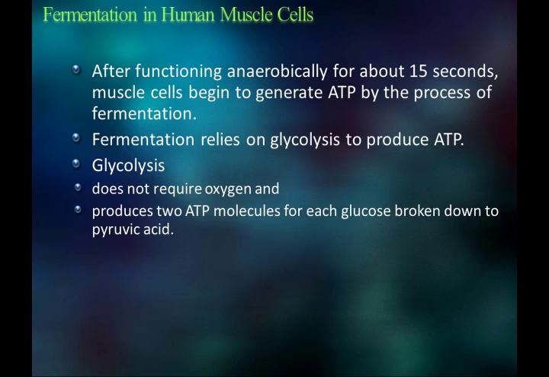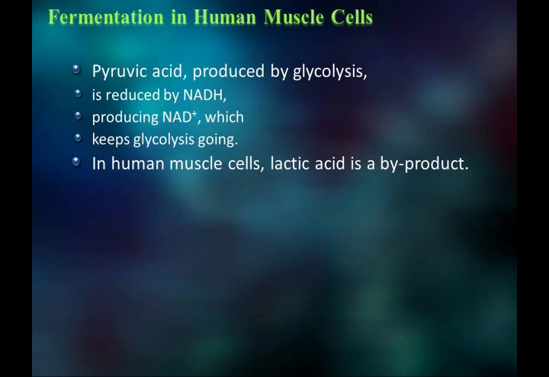And so for each glucose molecule, basically what we're doing is the same thing. We're breaking it down to pyruvic acid. But it doesn't end there. That pyruvic acid, before it exits glycolysis, is going to be converted into another product. As it's converted into whatever product that may be, lactic acid, carbon dioxide, etc., we're going to have the NAD picking up the electrons from the initial conversion, but that conversion from pyruvic acid to whatever the end product is going to require those electrons back, and so that NAD+ is going to end up being the end result.